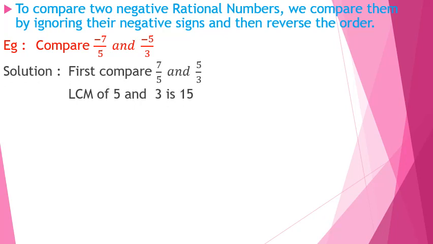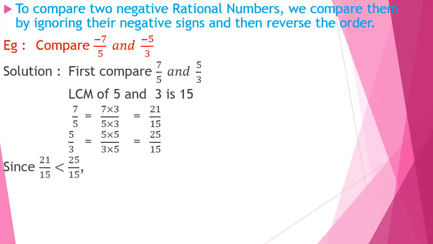So we first compare without the negative sign, that is 7 by 5 and 5 by 3. For that, LCM of 5 and 3 is 15. So 7 by 5 becomes 21 upon 15 and 5 by 3 becomes 25 upon 15.